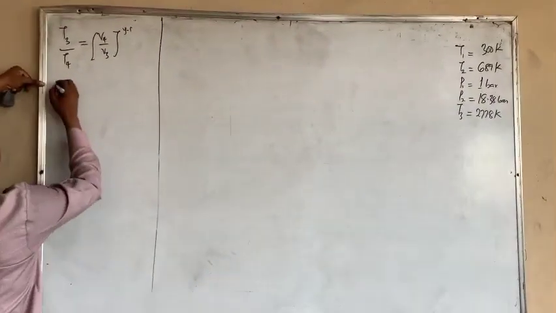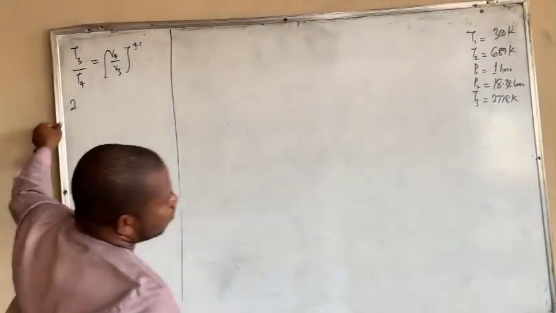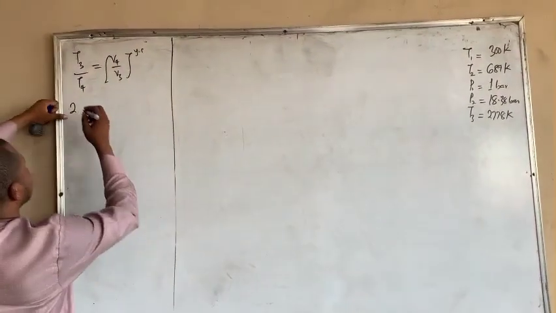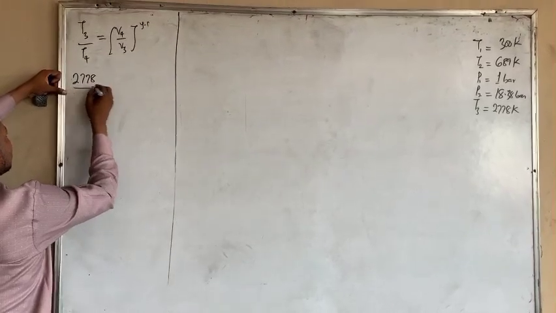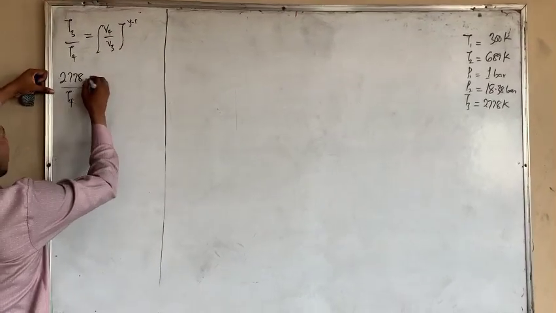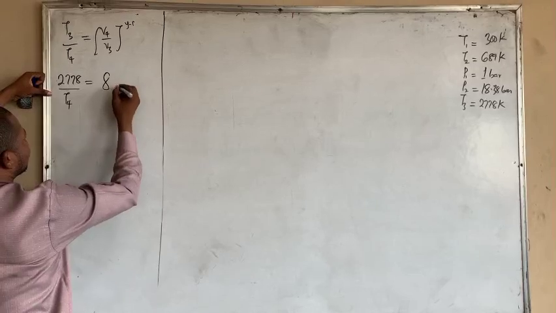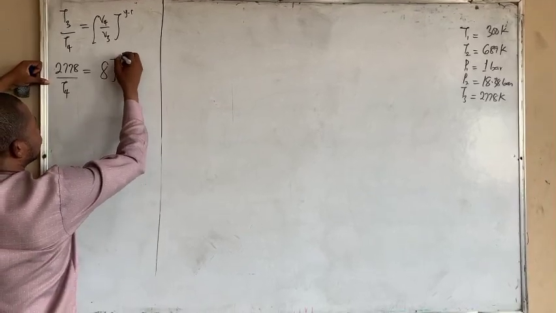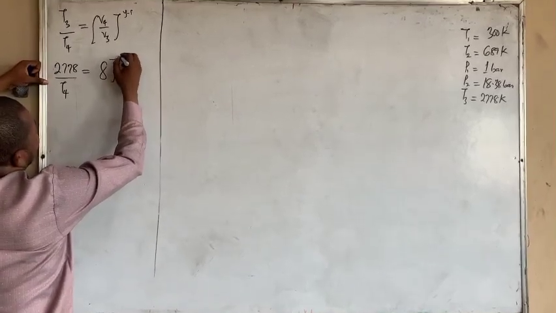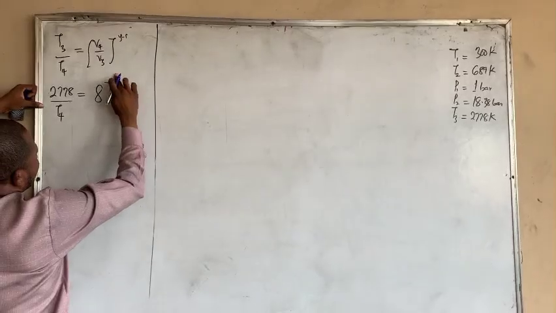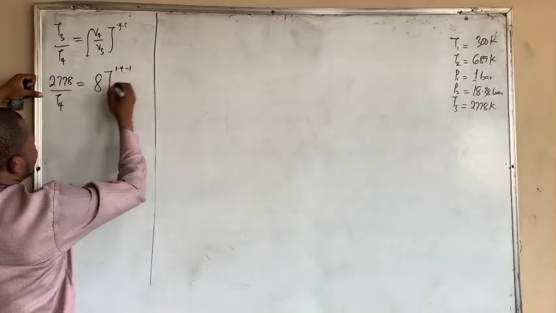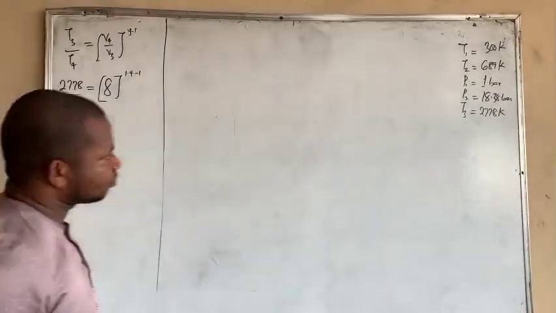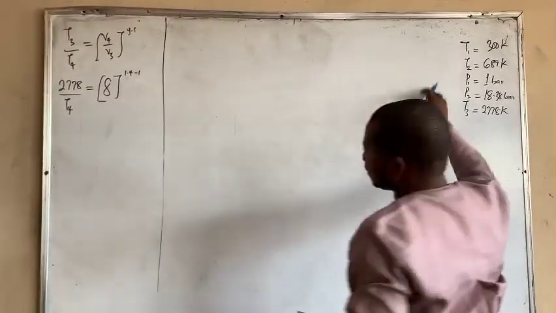So 2,778 over T4 becomes our compression ratio, which is 8, raised to gamma minus 1, which is 1.4 minus 1. I've cleaned up the diagram.